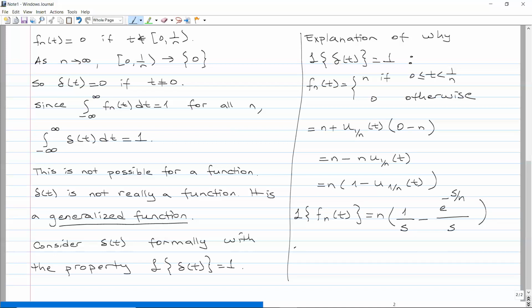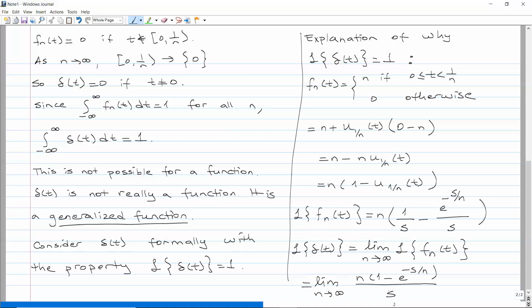And now the Laplace transform of delta t is just the limit as n goes to infinity of the Laplace transform of the function f sub n. So we take the limit as n goes to infinity of n times 1 minus e to the minus s over n, divided by s.